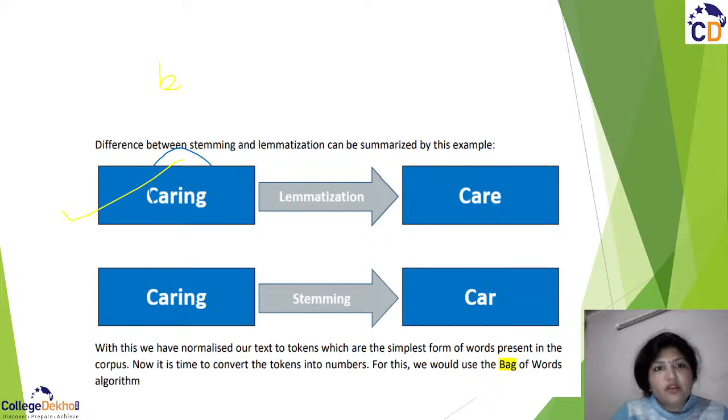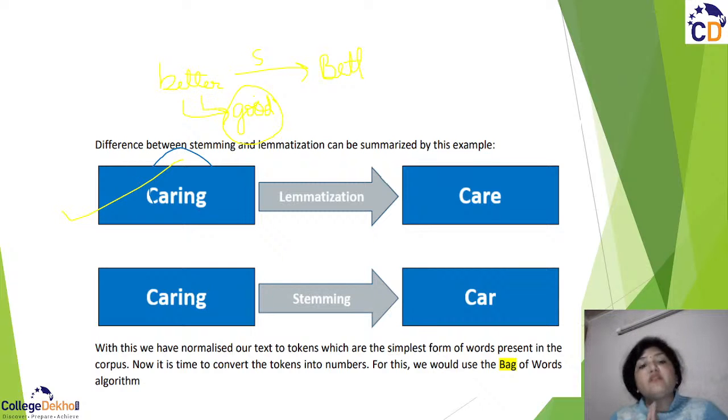If you are using stemming, the stemmed word for better would be bet, right? Whereas using lemmatization, the word better would become good, because better is derived from the word good. We are not removing any affixes in this case when we are using the lemmatization process.